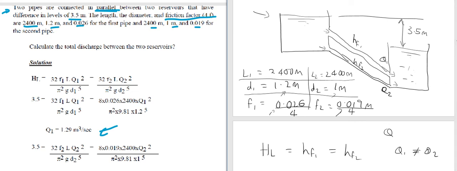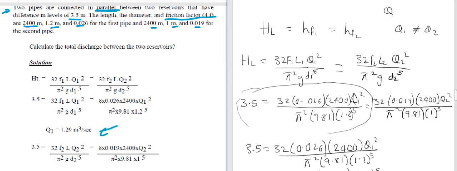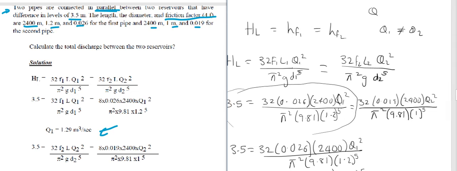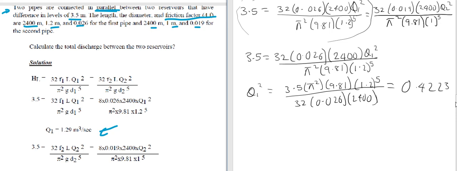So what we have here is not correct, because it will have to be over 4. So I'll just add that 4 here. Sorry for the confusion. Don't make that mistake. Read the question very well.